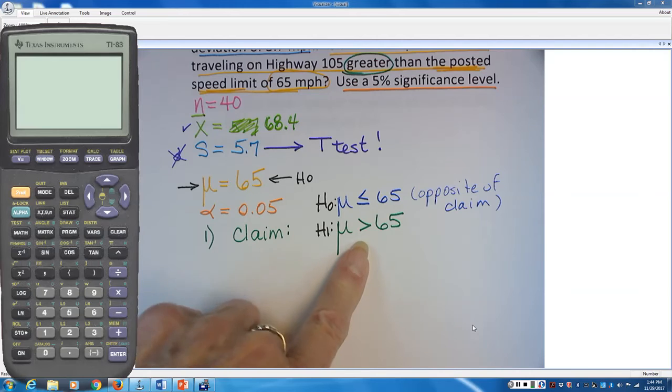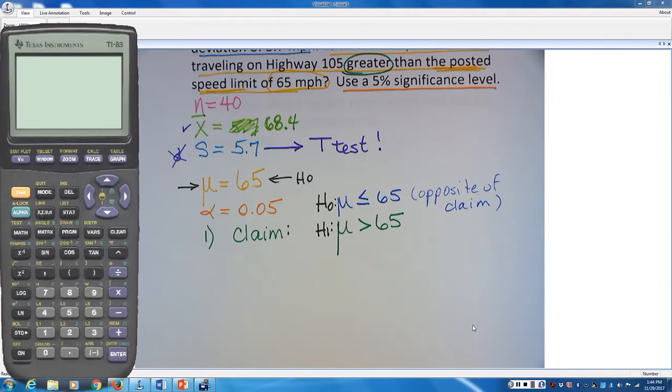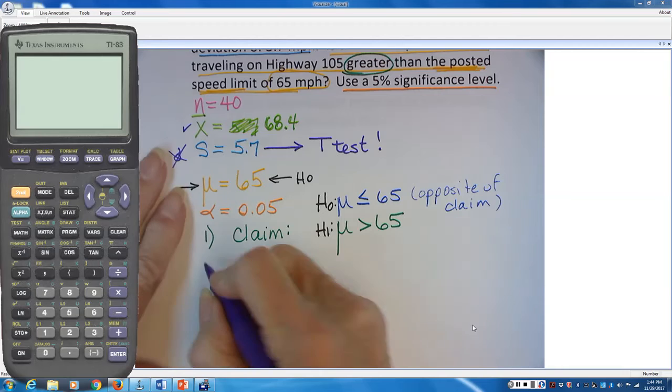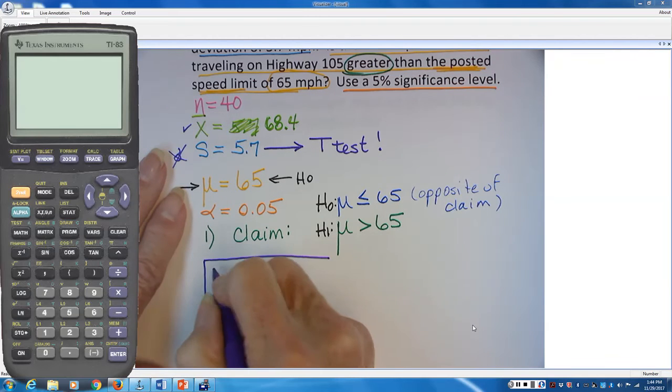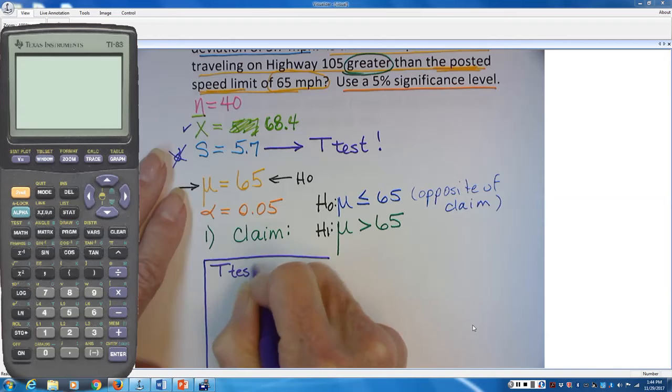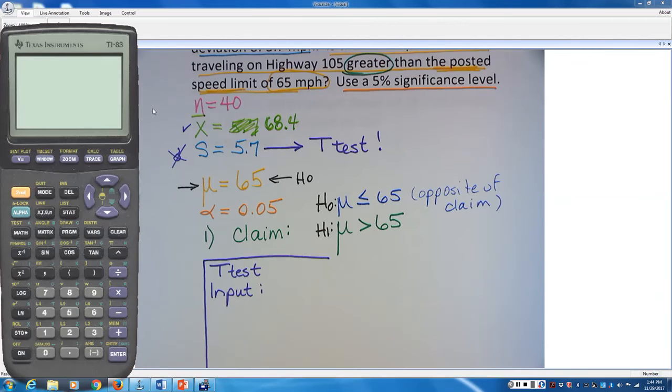So now we need to conduct the test. We know it's going to be a t-test. First thing it says is, do you have data or statistics? Which do we have?